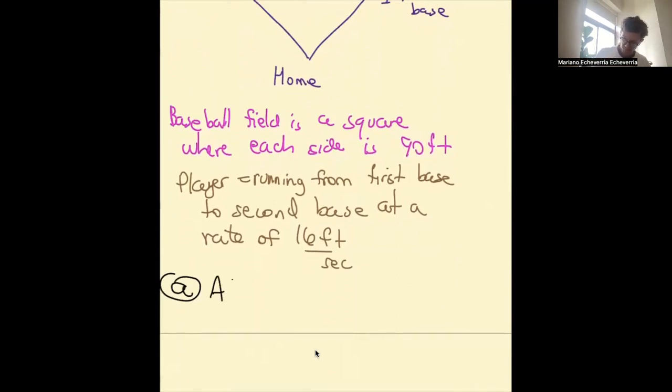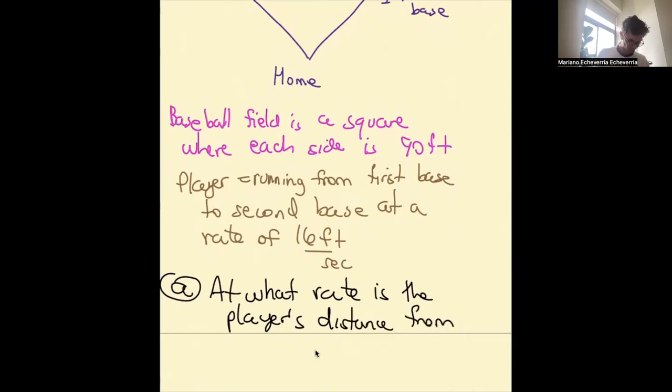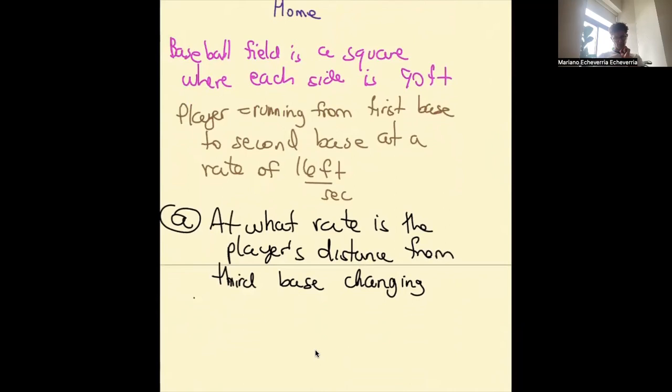At what rate is the player's distance from third base changing when the player is 30 feet from first base?